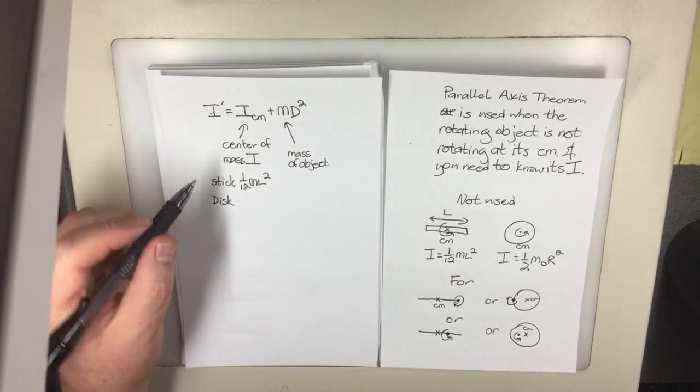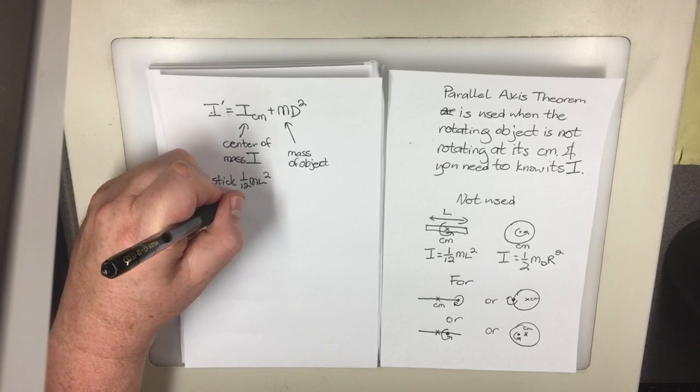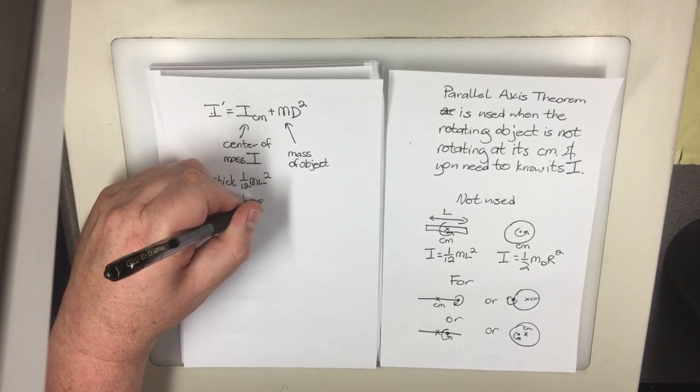So for a stick, you use 1/12 m l squared. For a disc, you use 1/2 m r squared.